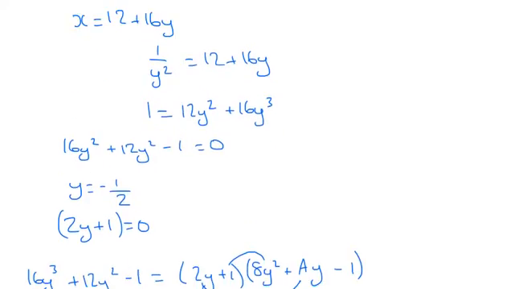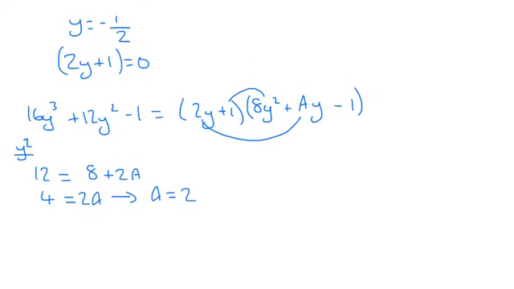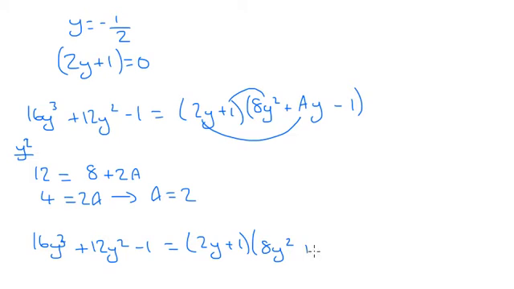So now we can go back up and say that 16y cubed plus 12y squared take away 1 could be written as 2y plus 1 times 8y squared plus 2y take 1.